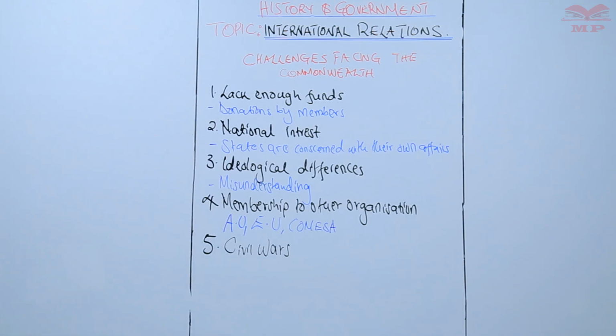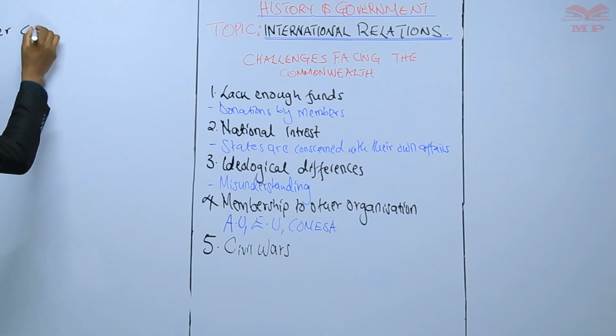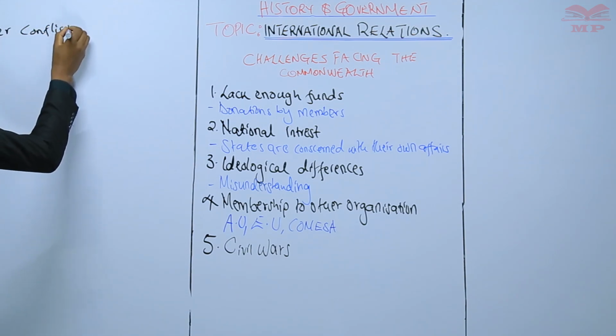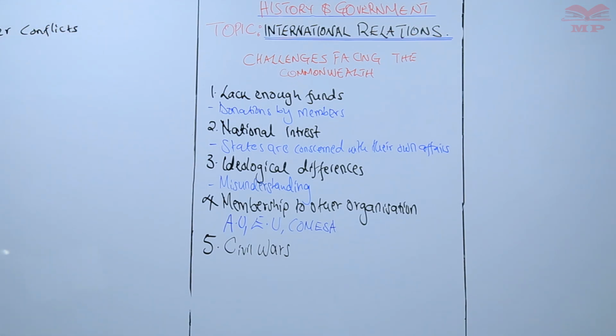Apart from the civil wars, there are border conflicts. That is number 6. There are border conflicts that affect the working of the Commonwealth. Most of the members of the Commonwealth have border conflicts against one another.